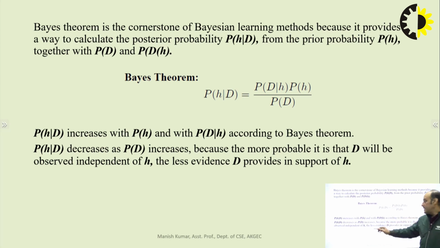And P of H given D decreases as P of D increases, because the more probable it is that D will be observed independent of H, the less evidence D provides in support of H.